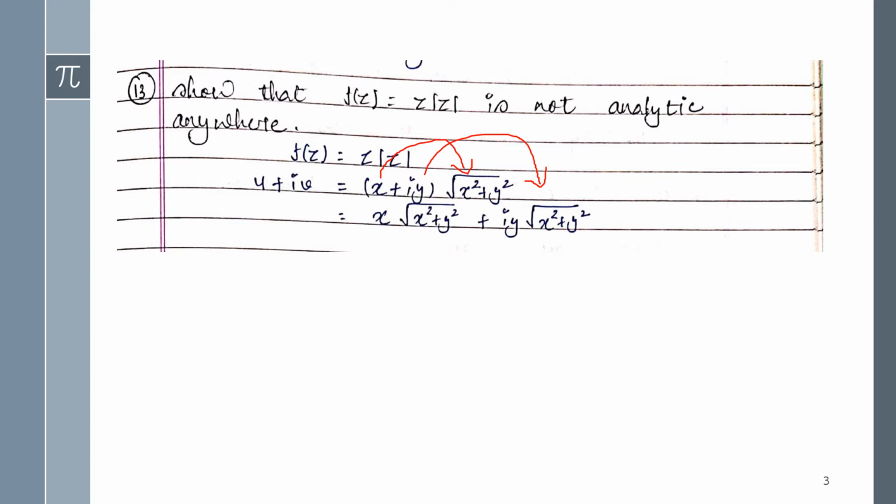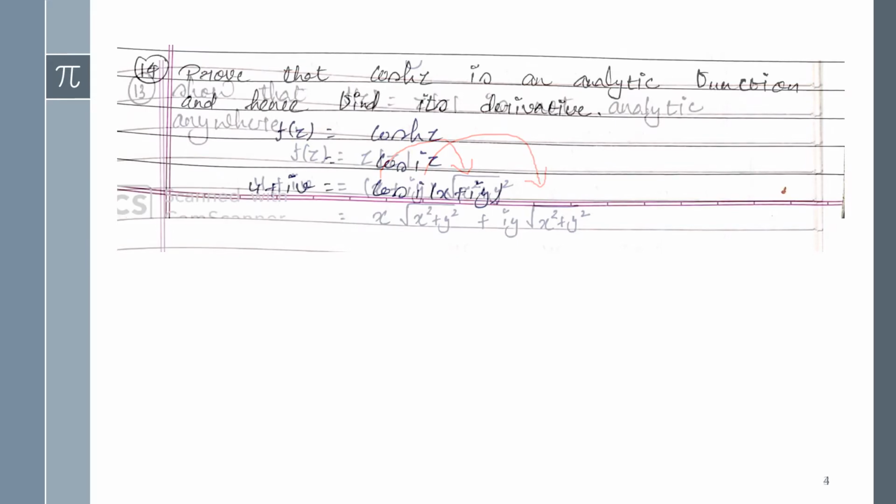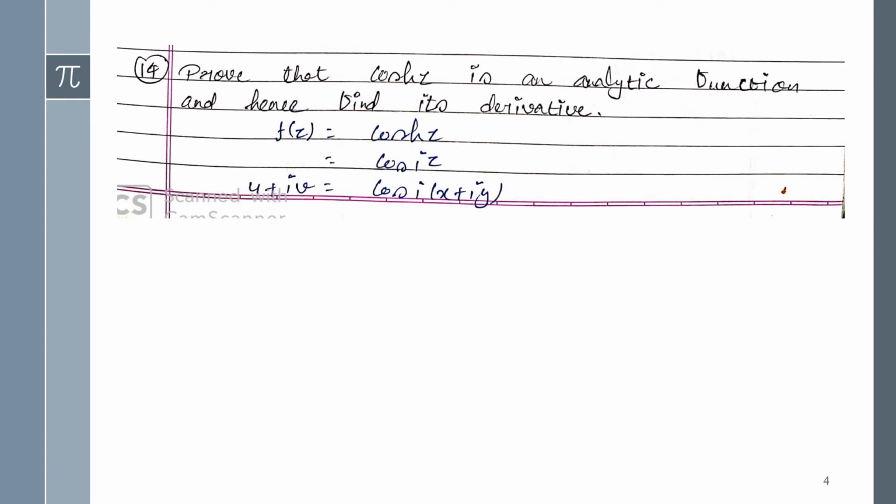Now the next one is the 14th example. The question is: prove that cos hz is an analytic function and hence find its derivative. Here the function is given, cos hz, and you have to apply z equals x plus iy.